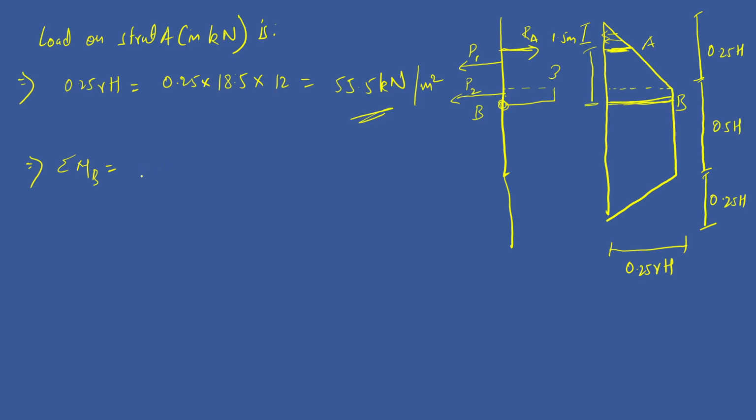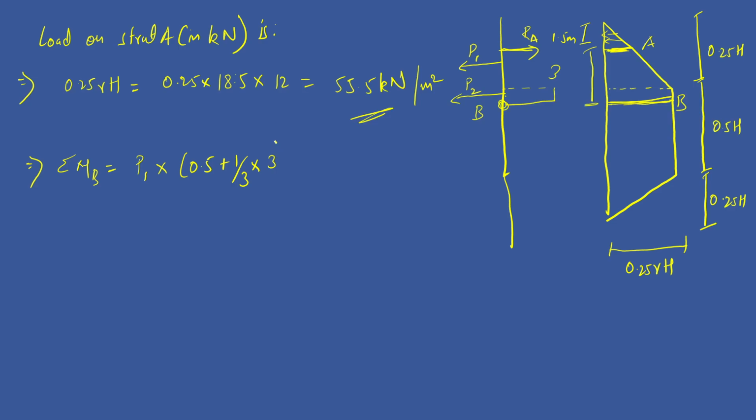So for calculation, first we need to calculate P1. Sigma MB is equal to 0. So P1 into how much is this distance? It will act at 1 by third, right? This distance is 3, so this is 0.5 plus 1 by 3 of 3.